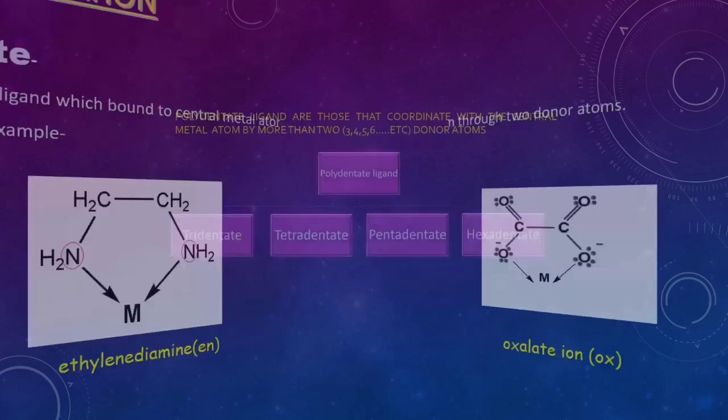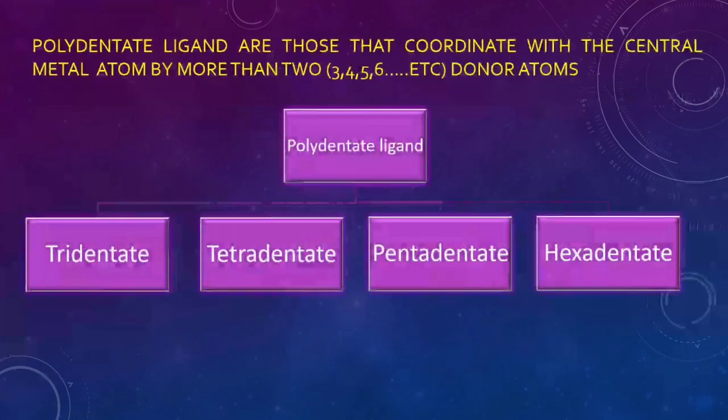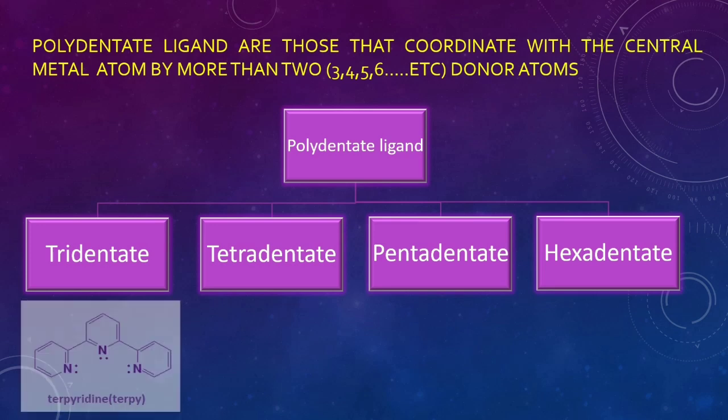Next, polydentate ligand. Polydentate ligands are those that coordinate with the central metal atom by more than two donor atoms, such as tridentate, which binds to the central metal atom through three donor atoms. This is an example of a tridentate ligand. Next, tetradentate ligand, which binds to the central metal atom through four donor atoms.